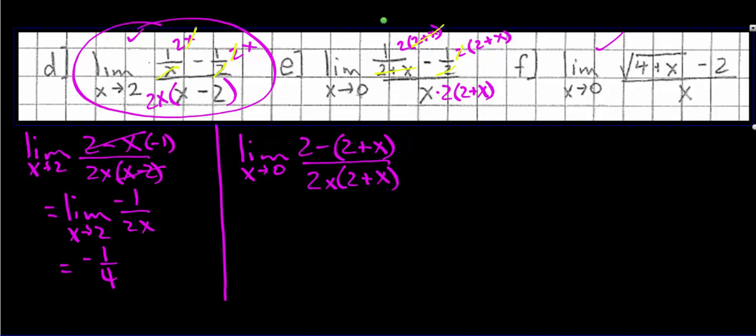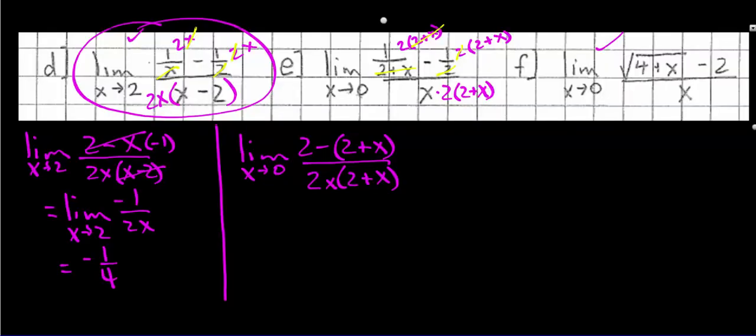Now, you have to really watch your step at this point, because some people might try this. No, you can't do that, right? Because this 2 plus x up top is being held to this 2 over here by a minus, and you can't just break that bond with dividing. So what you have to do is simplify the top. So here it goes.